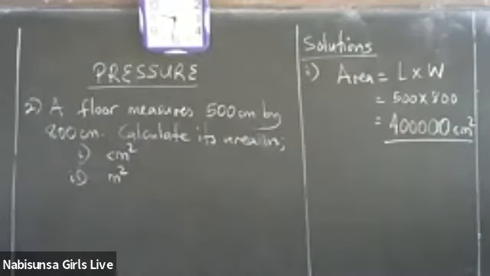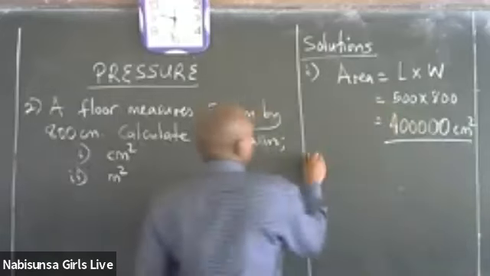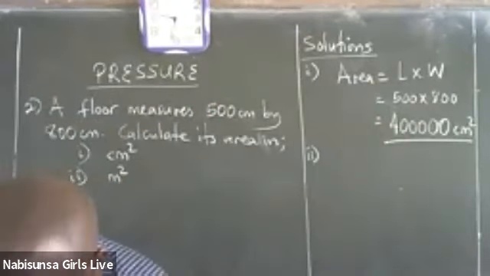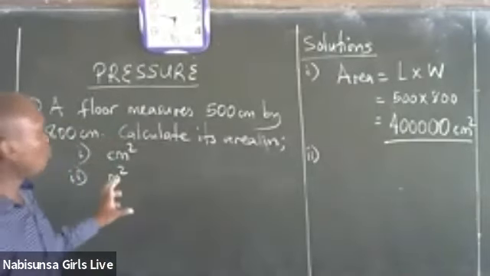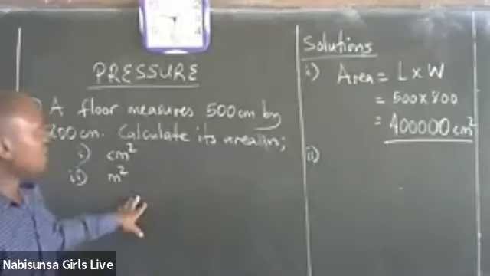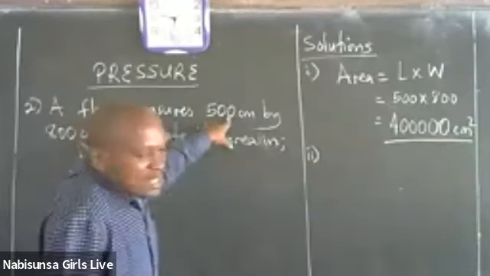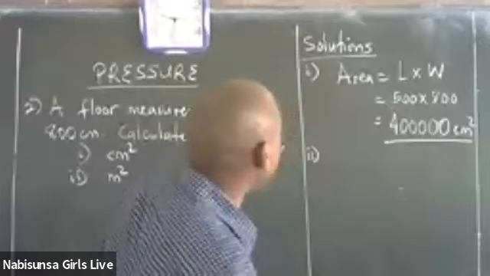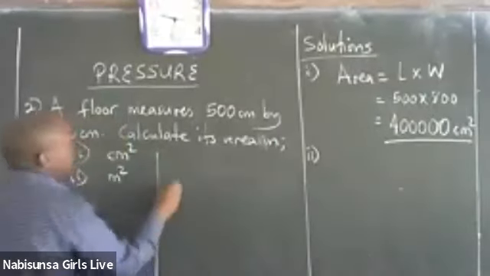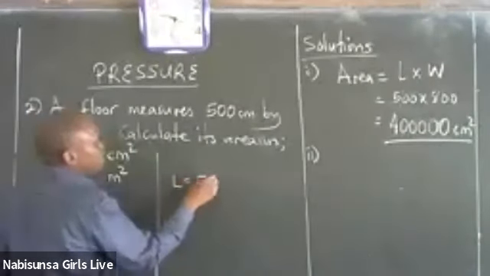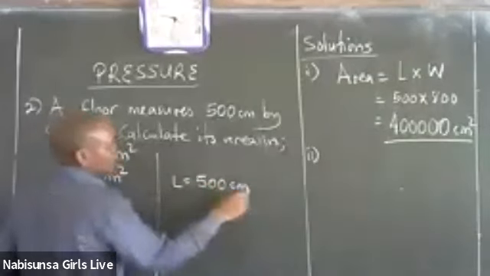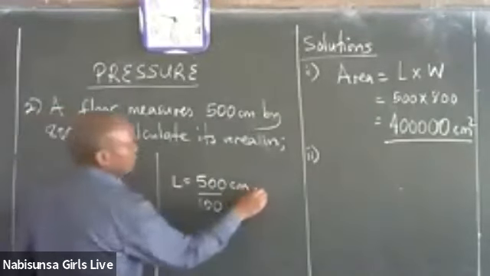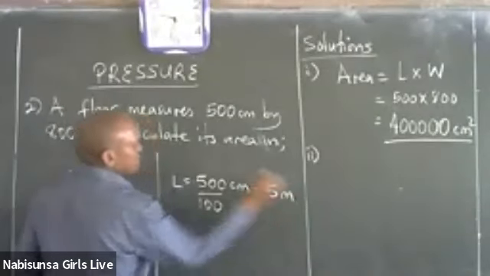That is part A. Now part 2, by the way, there are two techniques of working out this number. One method is you can convert each of these separately. For example, if length is 500 centimeters, I divide it by 100 to get 5 meters.